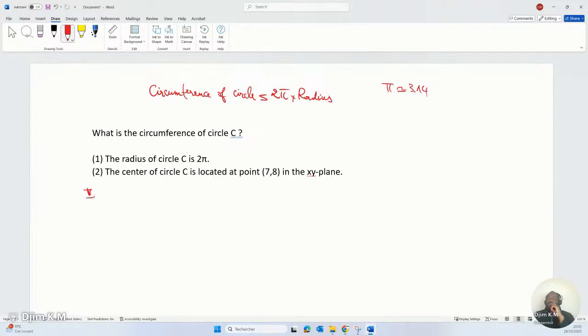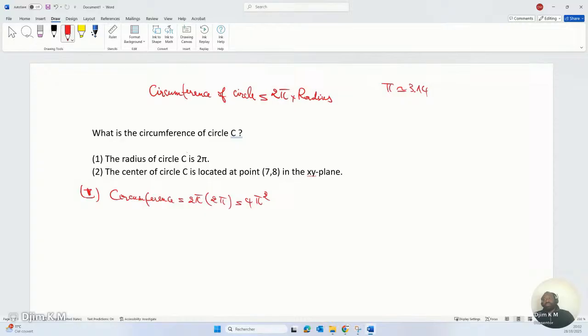So we have the radius is 2 pi. So the first condition, since we know the value of the radius, the circumference will be equal to pi multiplied by 2 pi, which is equal to 4 pi squared.